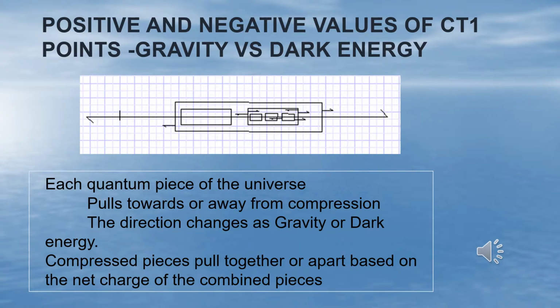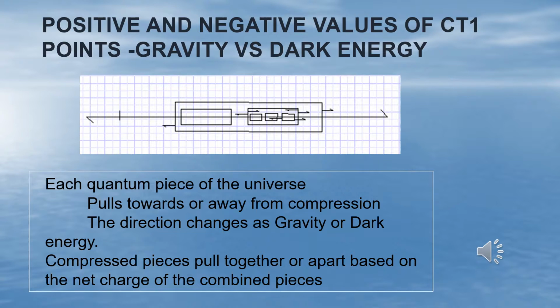There are positive and negative values of every CT state. One of the results of the way that the universe generates information and changes the information is that at any point in time, any information is liable to be changing in one direction or another, towards compression or away from compression, towards generating gravity or away from generating gravity.